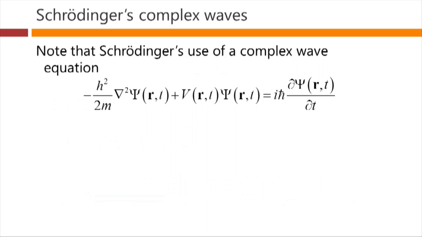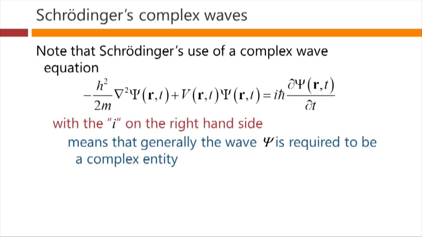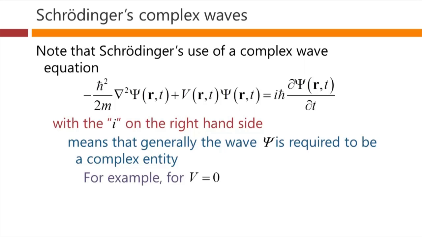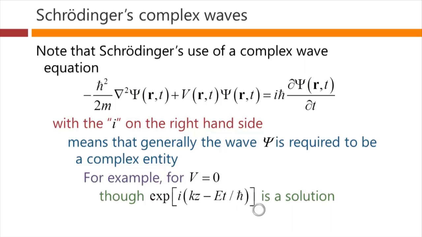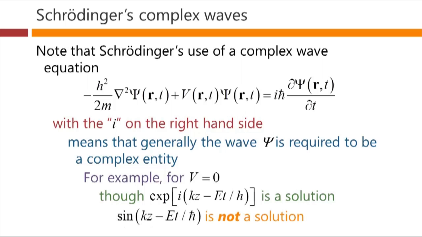And also note that Schrödinger's use of a complex wave equation, so with an i over here, there was no i anywhere in the classical equation, means that generally the wave psi that is to be a solution of this equation has to be a complex entity. For example, for v equals 0, although this wave is a solution, e to the i(kz minus Et over h bar), or that would be minus omega t, this wave, a sine wave, is not a solution.